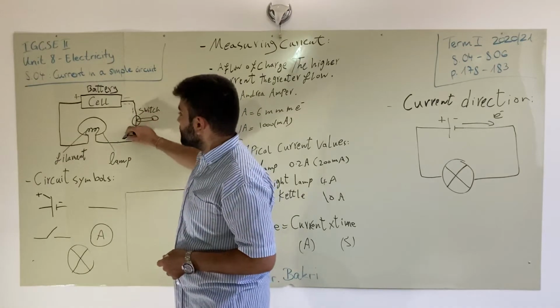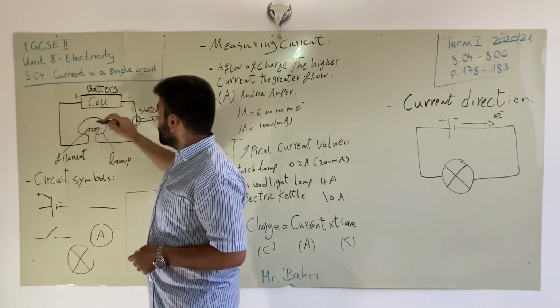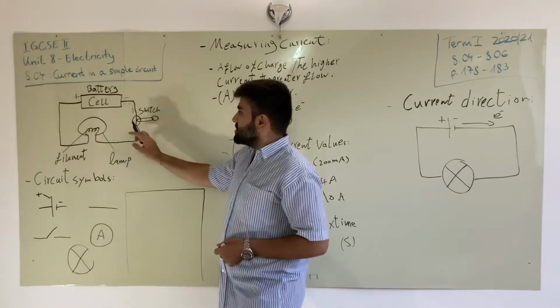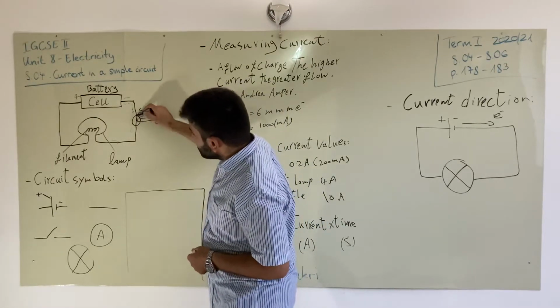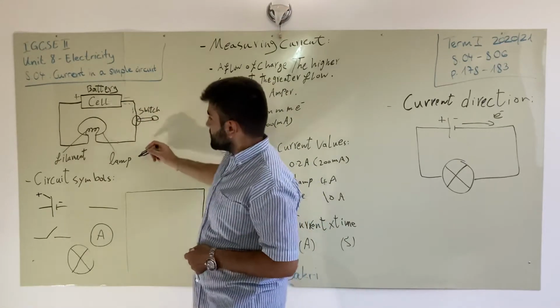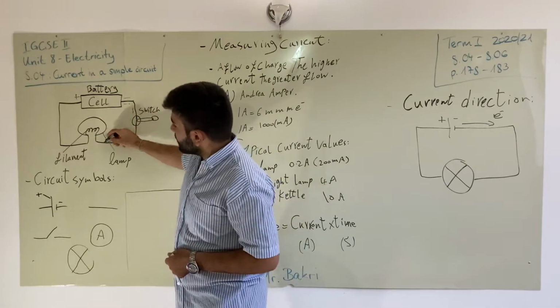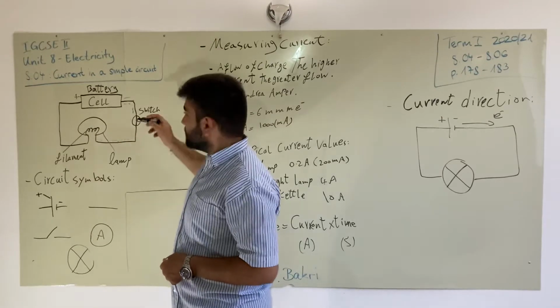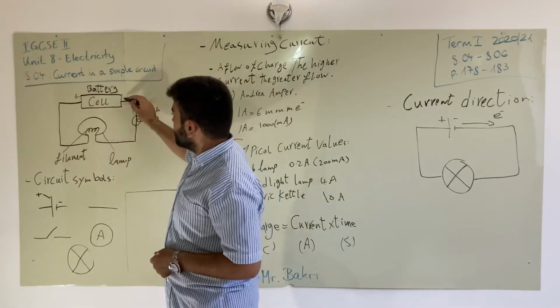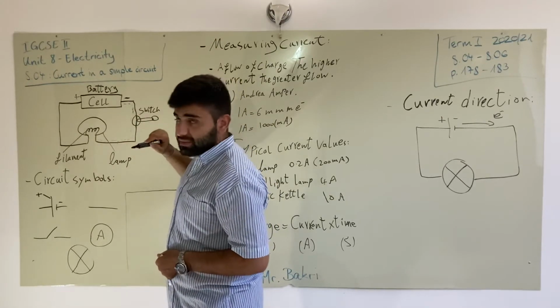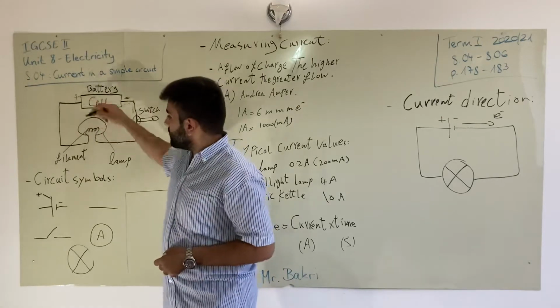In this circuit we have a switch, but it is not connected yet, so nothing happens. The electrons flow through the connecting wire from the negative pole to the positive.